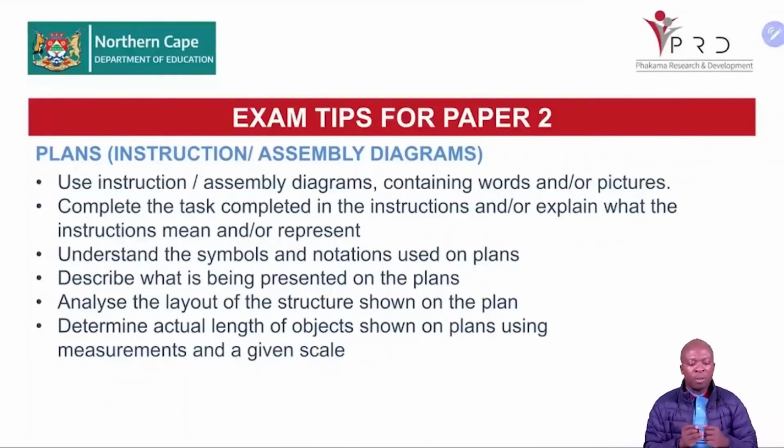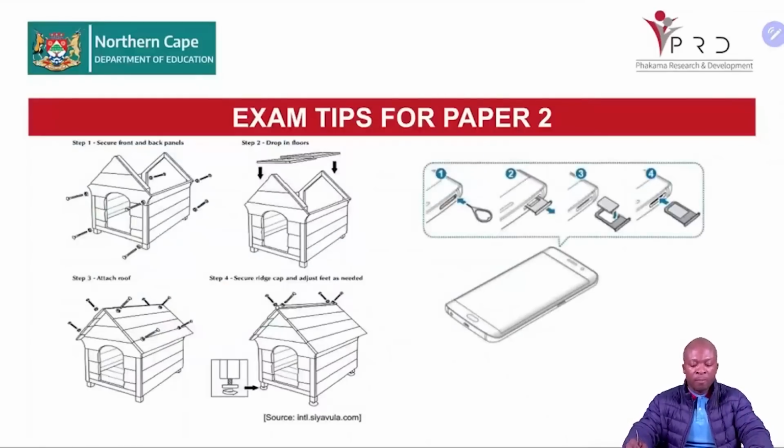So now we've talked a bit about measurement. Let's look at plans. You have to be able to use instructions and assembly diagrams. You should be able to complete tasks, understand the symbols like I already showed to you, and describe what is being represented on the plans. So let's get into it. If it's an assembly diagram, you'll find something like what you are seeing on the screen.